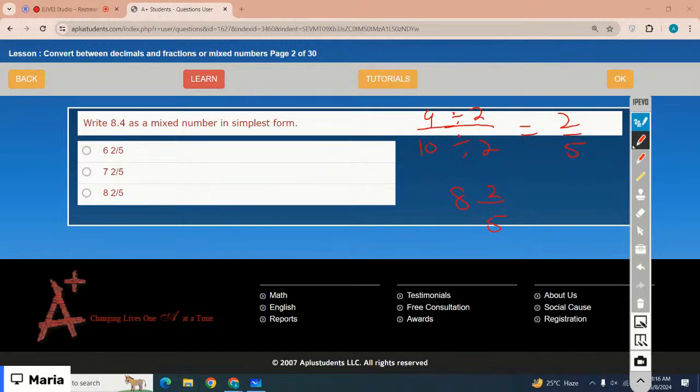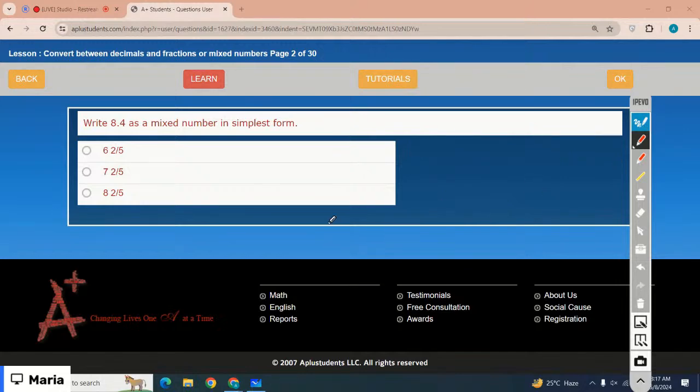Got it? The correct option is 8 whole 2 over 5.